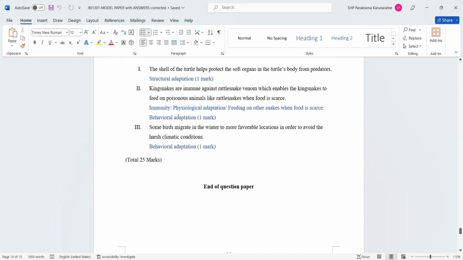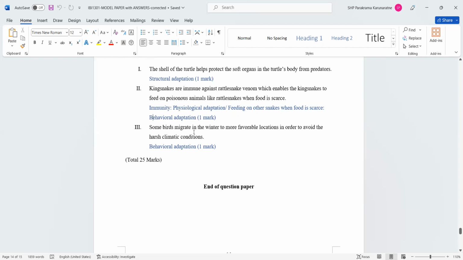You can consider it a behavioral adaptation also, but I think it is physiological. So the best answer is physiological adaptation, right? It is related to behavioral also, but the best answer is physiological adaptation.